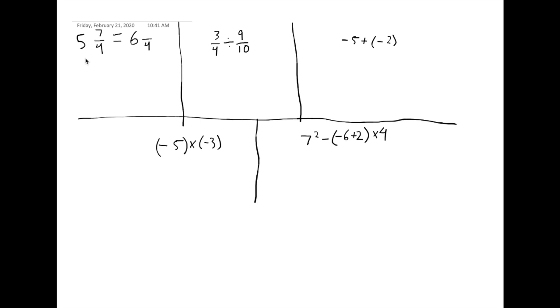So essentially, if you were to break this down, you would see that it's equal to 5 plus 4 over 4 plus 3 over 4, right? And as we know, 4 over 4 is equal to 1.